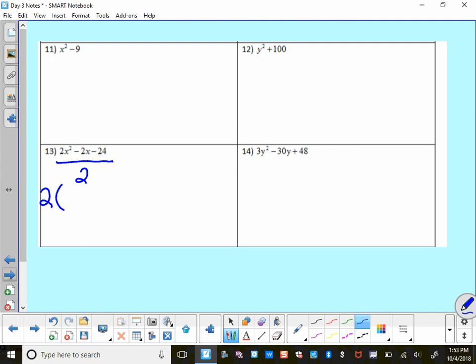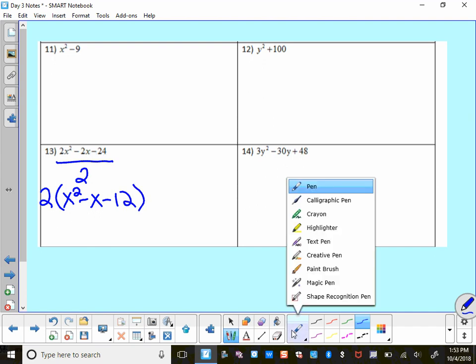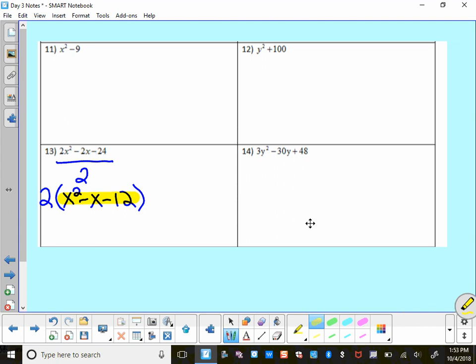So if I rewrite, I have x squared minus x, oh wait, minus 12. Negative 24 divided by 2 is negative 12. So I'm going to try to factor what's highlighted.